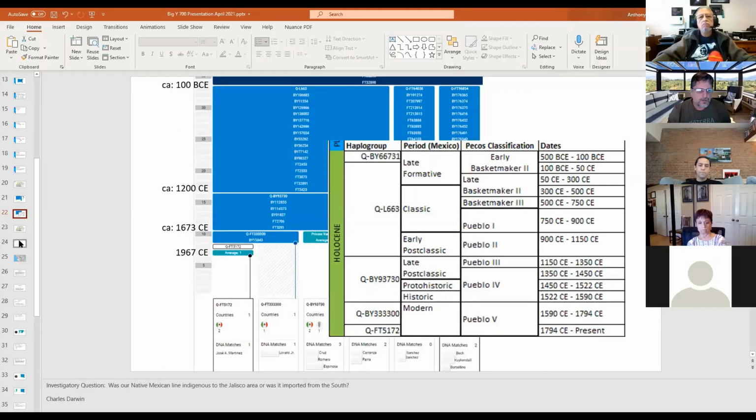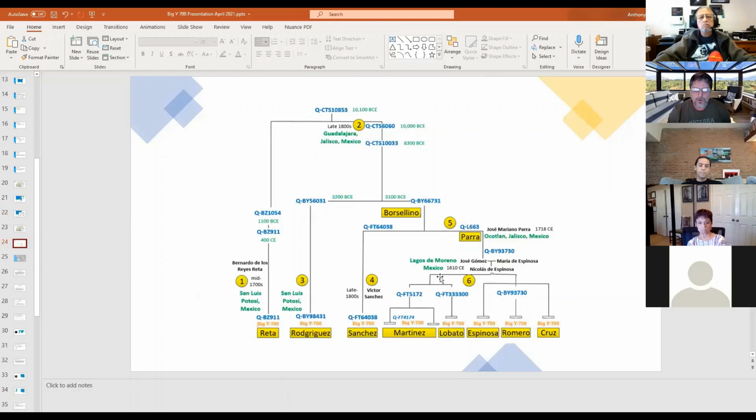All right. So what I do is I reach out beyond. So here is another way of looking at it. So this is me, and this is my third cousin, third time removed, and these are my 8th and 9th cousins, right? We all descend from Nicolas, and I can put on the map a pin, northeast of Guadalajara. I know the name of the village.